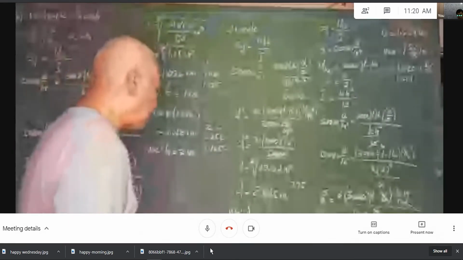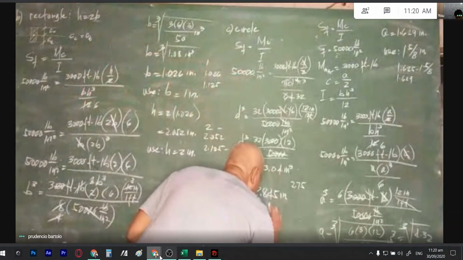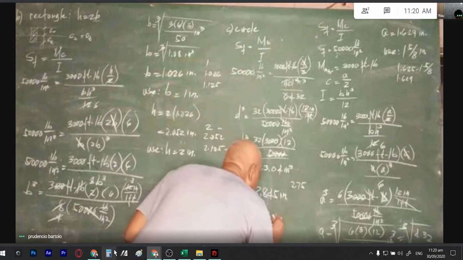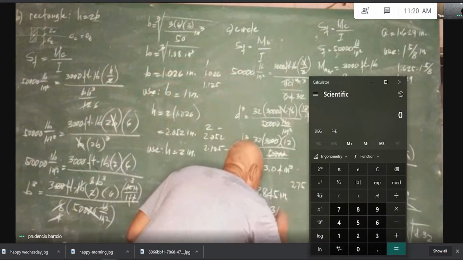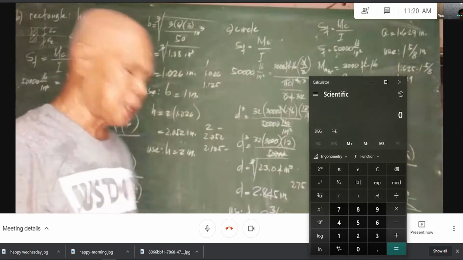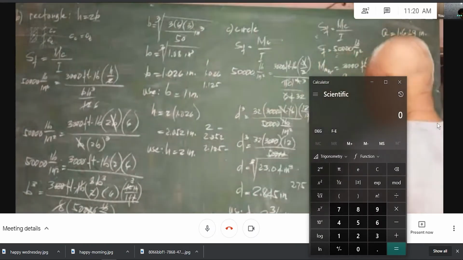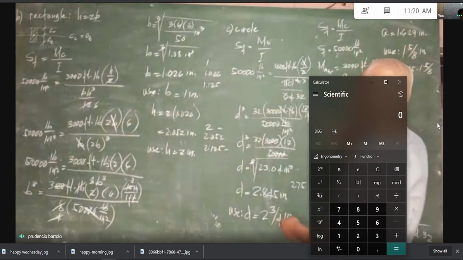So that is still lower than 4%. So we can use the lower value at 2 3/4 inches. So that is if we have the cross section as a circle.